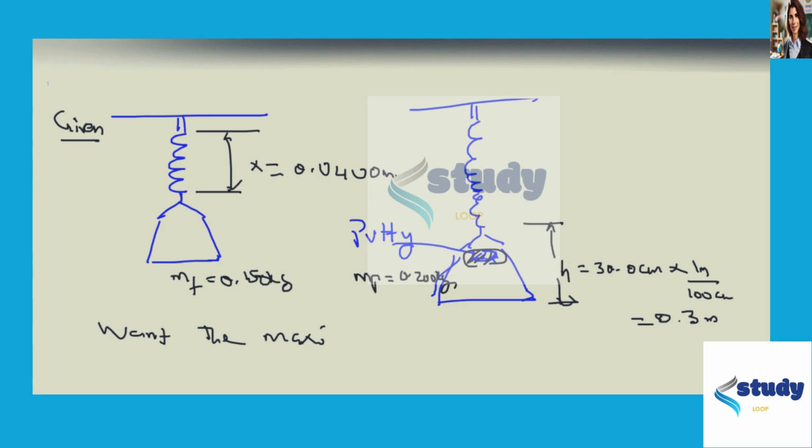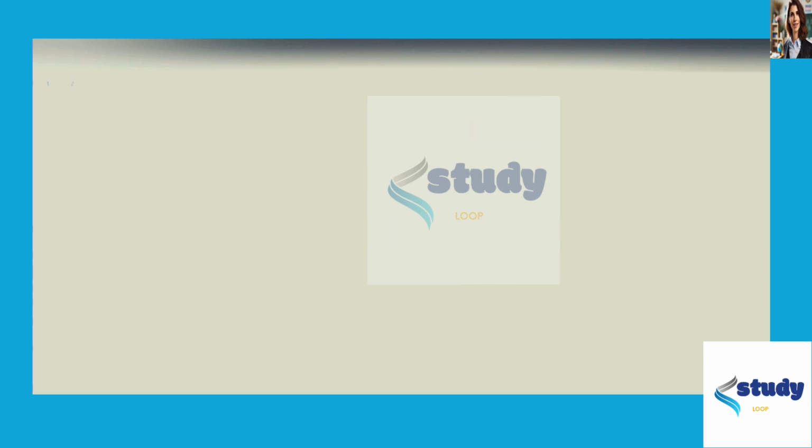So we want to find the maximum stretch distance when you drop this, when it goes all the way down until the base of the frame. So we want to find d, as you call it. There are a couple of things we're not given. For example, we don't know what the spring constant is. We're going to have to find that. Let's move to the next page.